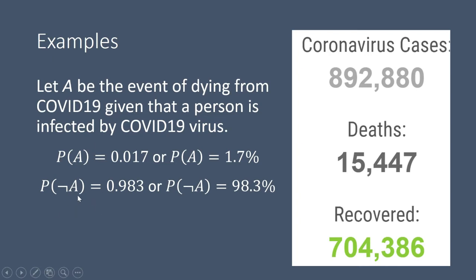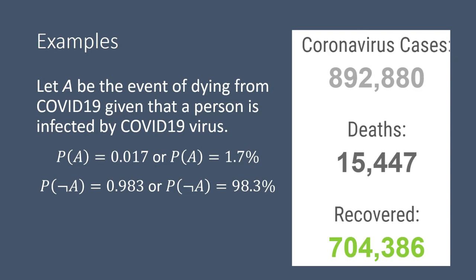Now, how about this? This is not A. The probability that a person who had been infected by the COVID-19 virus will not die. And what is that equal to? It is equal to 0.983, or 98.3%. So it's close to 99%.